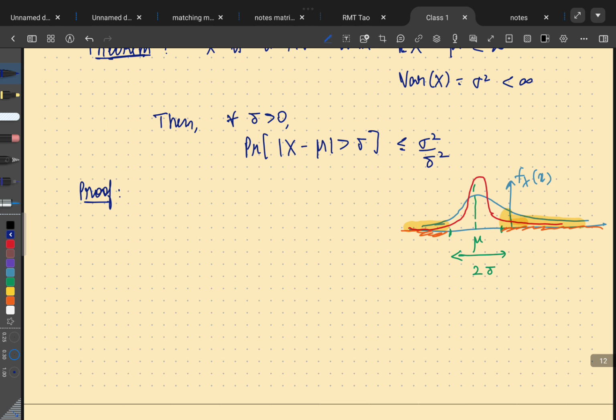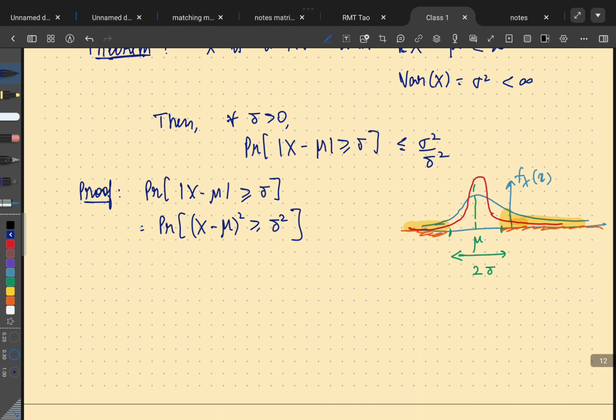You have this particular probability, mod x minus mu greater than delta. Since mod x minus mu is non-negative, delta is also greater than 0, this is equal to the probability that x minus mu the whole square is greater than or equal to delta square.